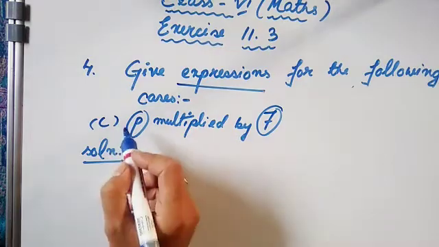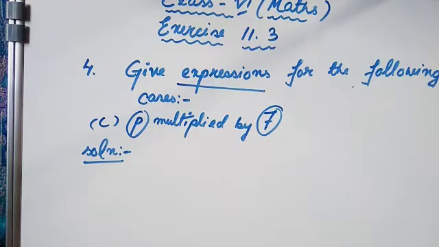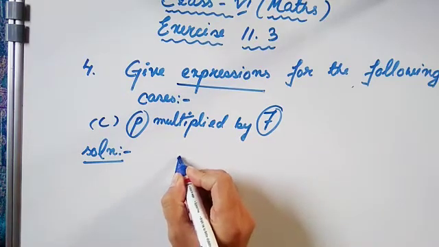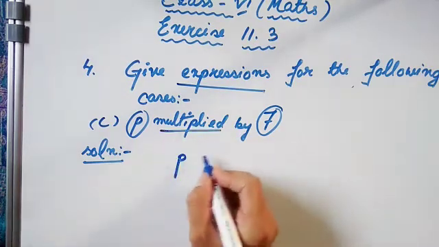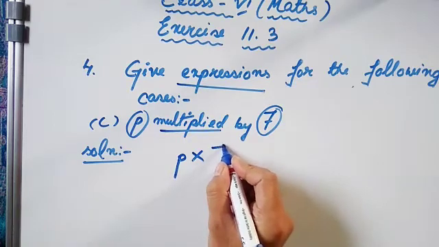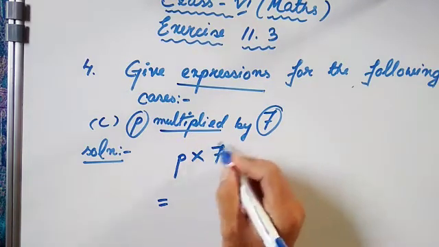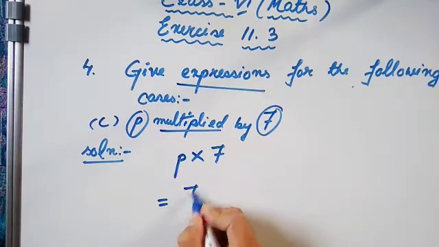And this variable P is multiplied by 7. So our first step will be this variable P multiplied by 7, right? But when we write an expression, we must always write with the numbers first. So it becomes 7P.